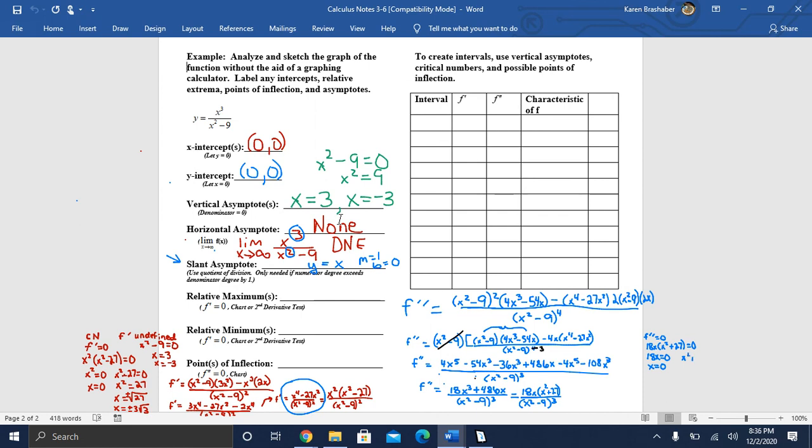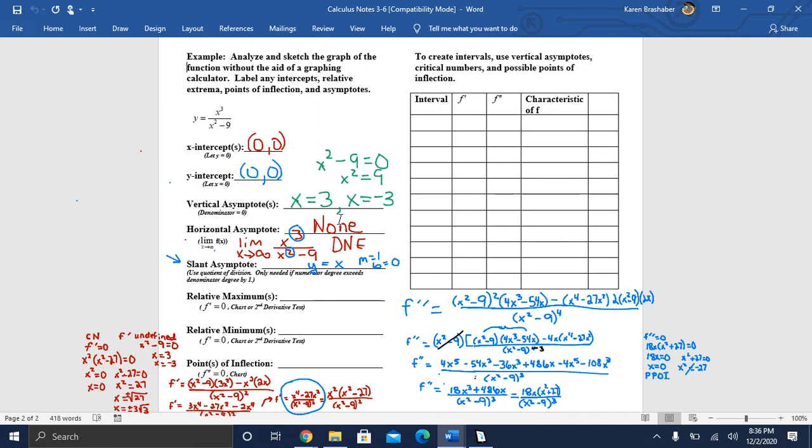And then you've got x squared plus 27 equals 0. Hopefully you're recognizing that when you subtract that 27 over, you're going to get x squared equals a negative. In the real number system, we can't have that. So our only possible point of inflection will be this x equals 0.